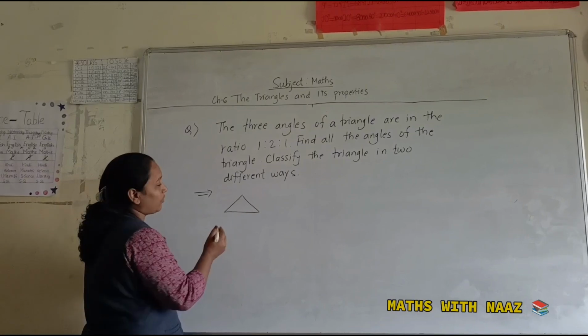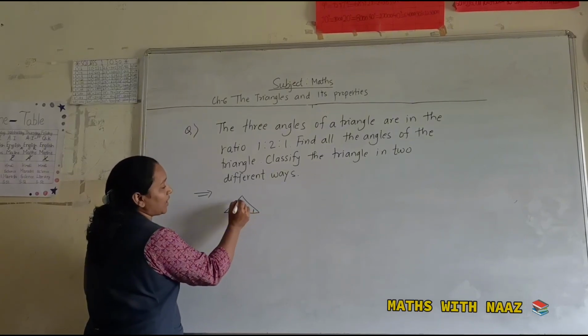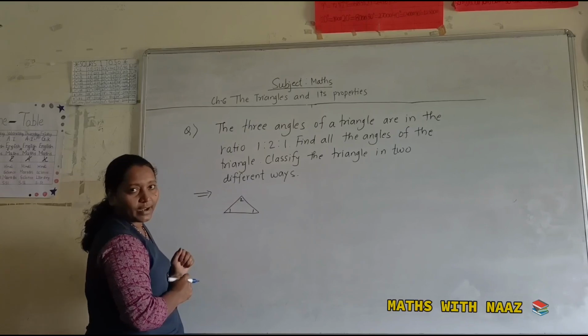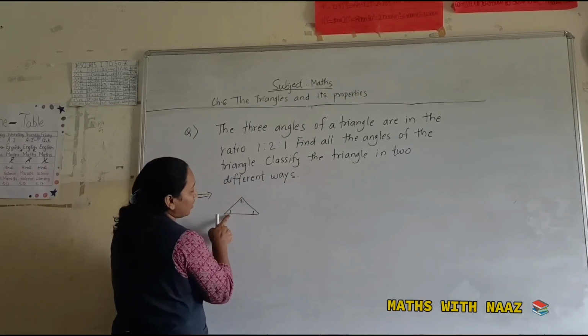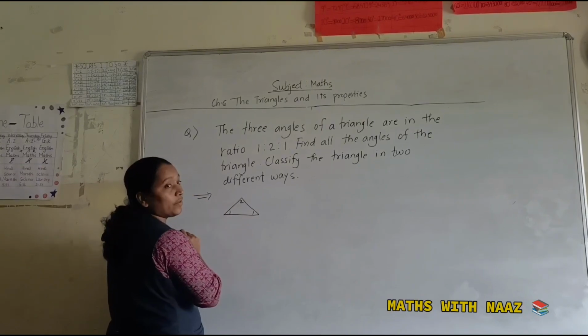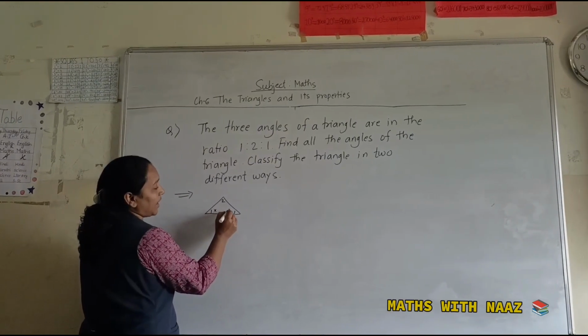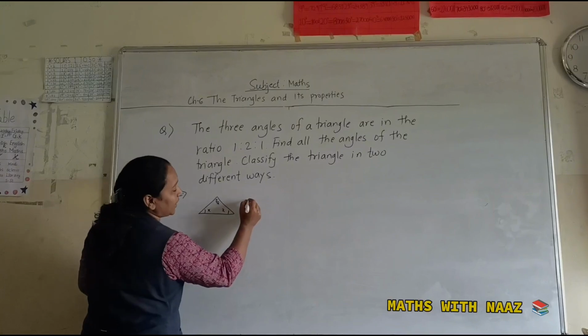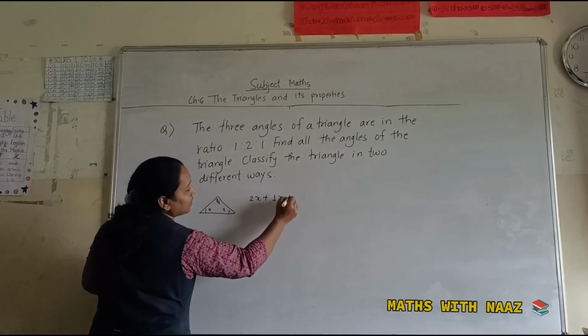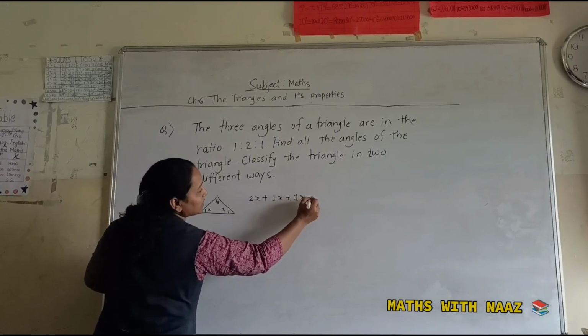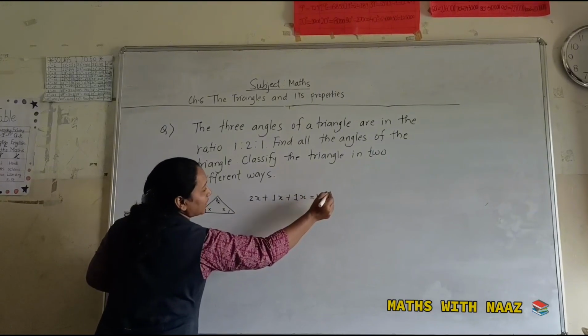Only the ratio is given, so we will assume 1, 2 and 1 as the ratio of that triangle. So we will assume this ratio and write the equation. Now we will assume these as x and x. So create an equation: x plus 2x plus x is equal to 180 degrees.